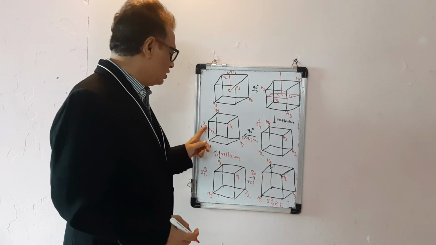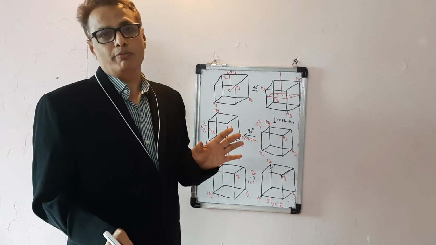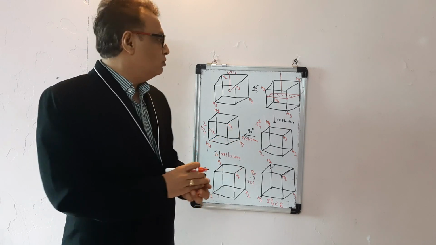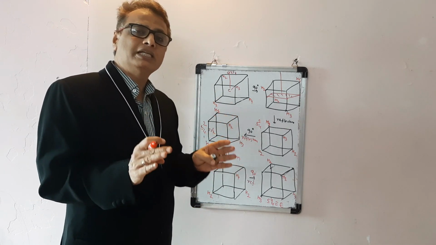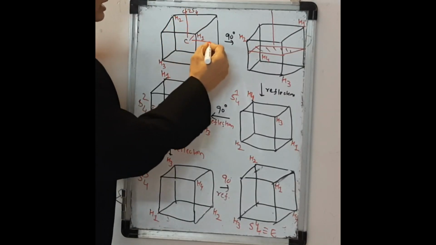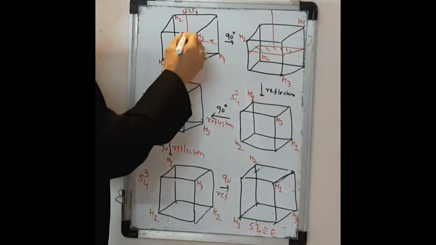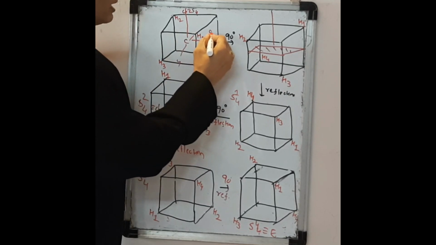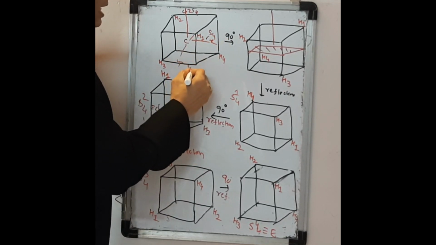So this S24 is also named as the C12 operation. Now there are 3 S4 axes collinear with the X, Y, Z axes. Suppose this is the Z axis, this is the X axis, and this is the Y axis. So this is also an S4 axis, and this is also an S4 axis.